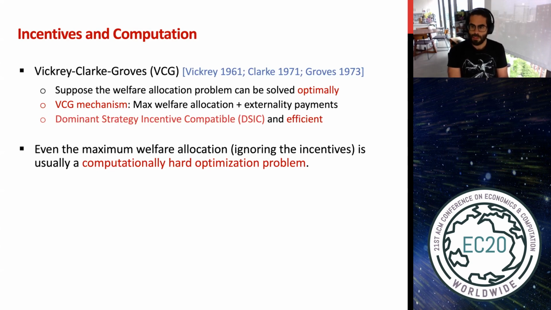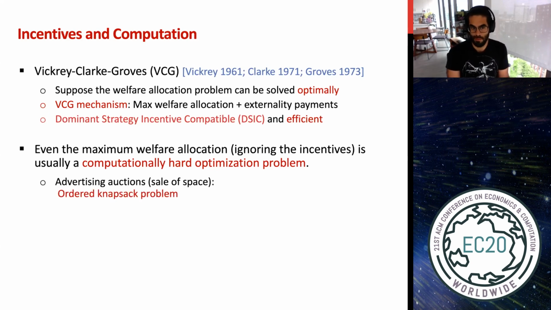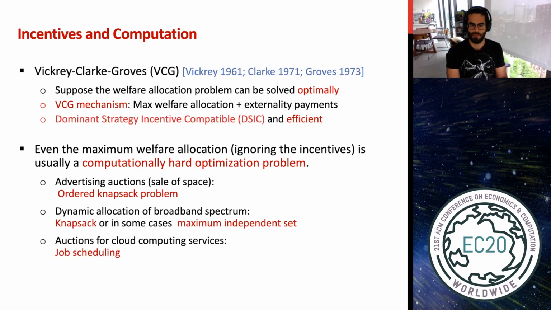So what can we do in settings where the underlying optimization problem is hard? For example, as I said, in the advertising auction or the dynamic reallocation of the broadband spectrum or the cloud computing, we are going to deal with NP-hard problems such as ordered knapsack, maximum independent set, or job scheduling.